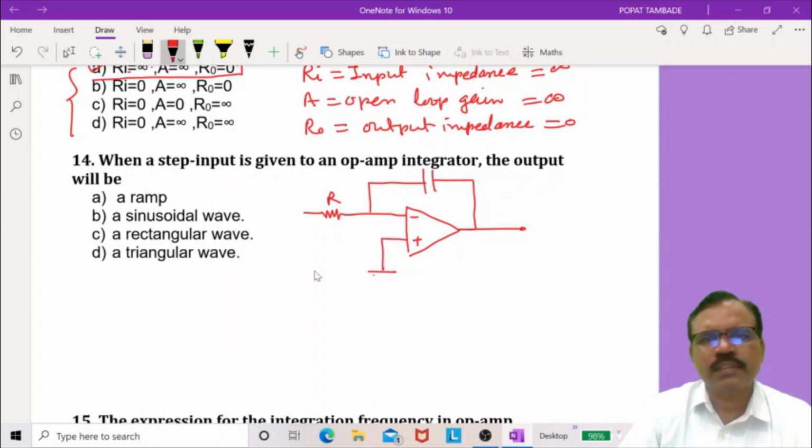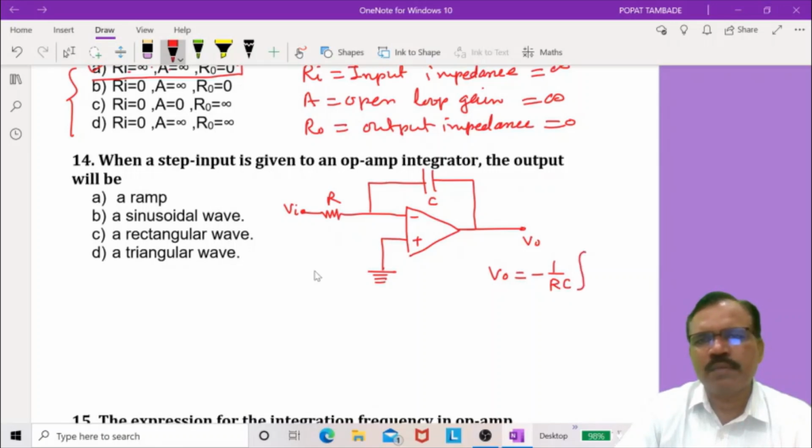Here this is connected to ground, and we give input Vi here, and we have output V0. Now the output is given as V0 is equal to minus 1 upon RC.